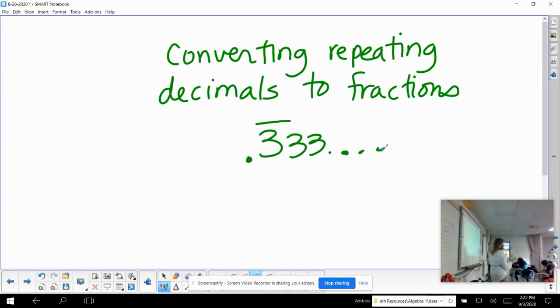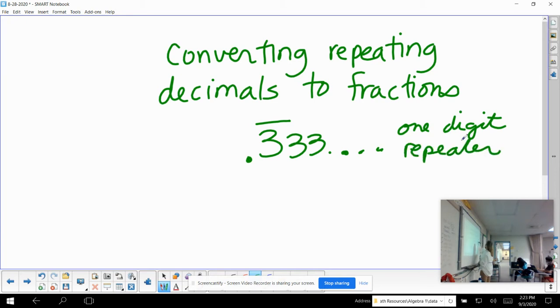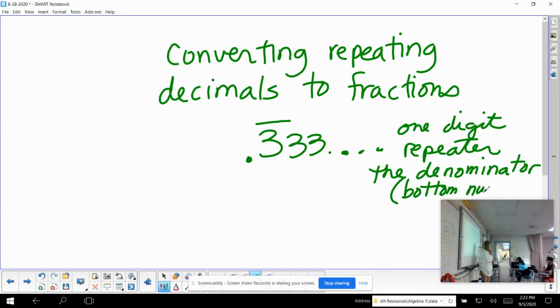And the deal is, if you have a one-digit repeater, the denominator, which is the bottom number, is 9 every time.